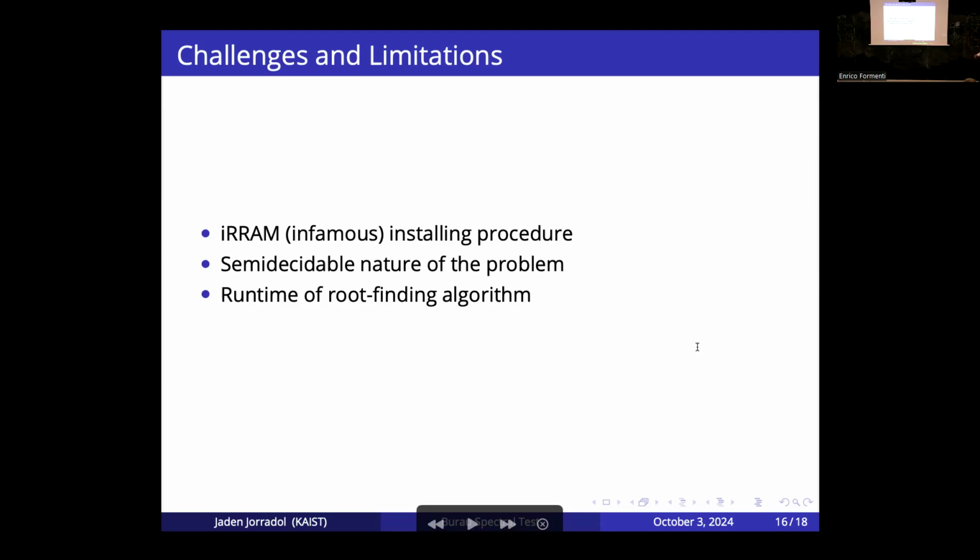And the other limitation of this program is the runtime of the root finding algorithm, which is long, using the characteristic polynomial and then iterating on every possible t that you could put inside of the matrix.